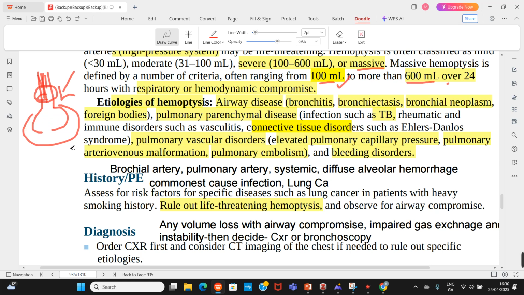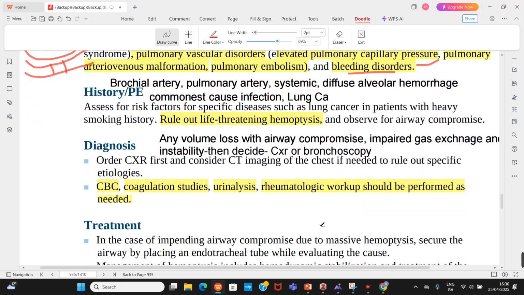I said it that day. If somebody having PE is now having hemoptysis, you can be rest assured that the area of that lung has already become infarcted. So it could also come from bleeding disorders. Think about any bleeding disorder you can think of. It can cause hemoptysis.